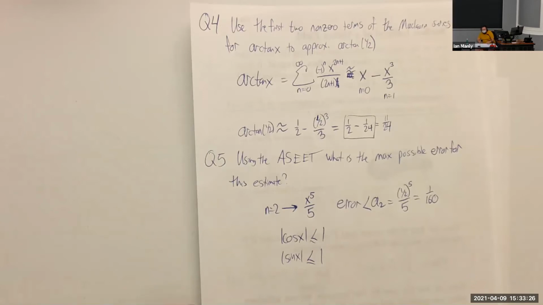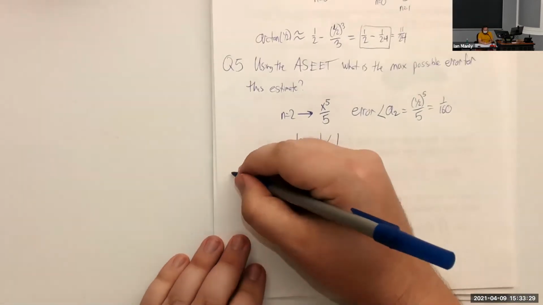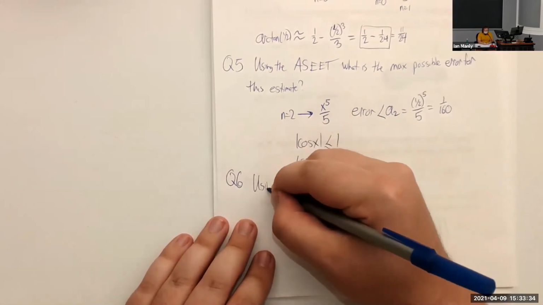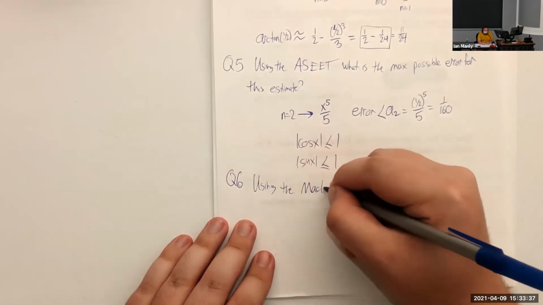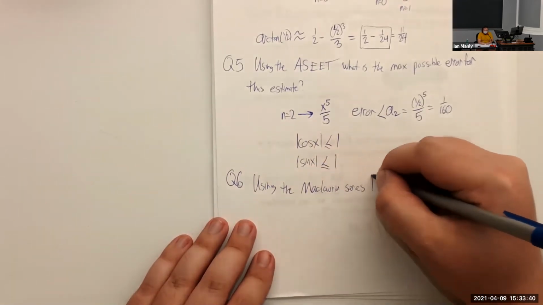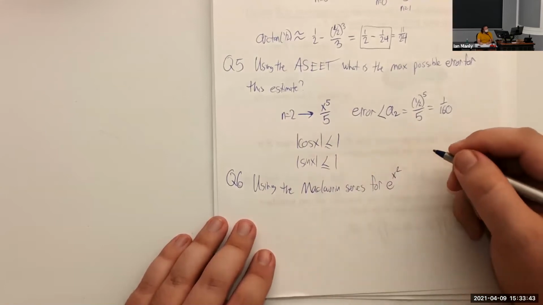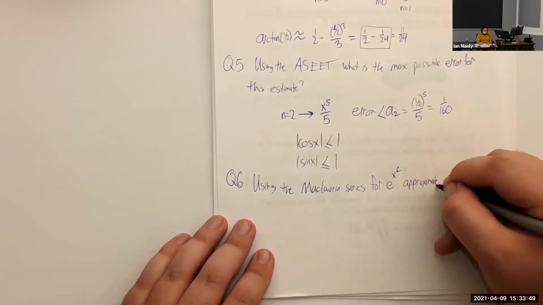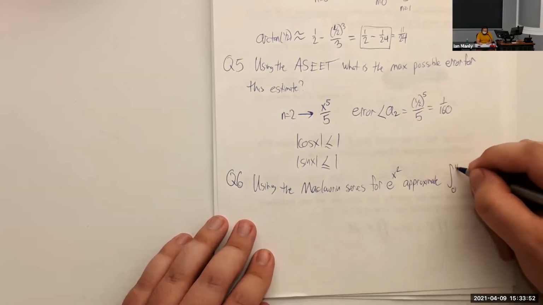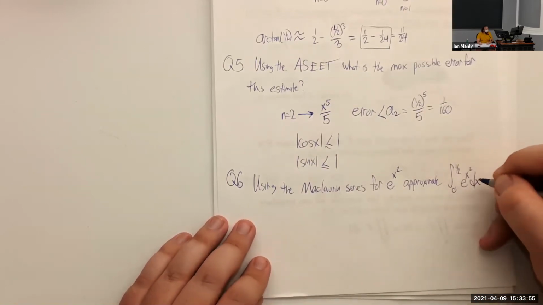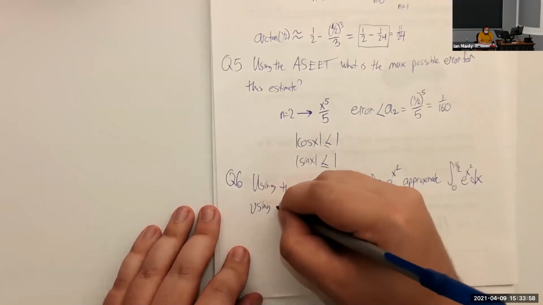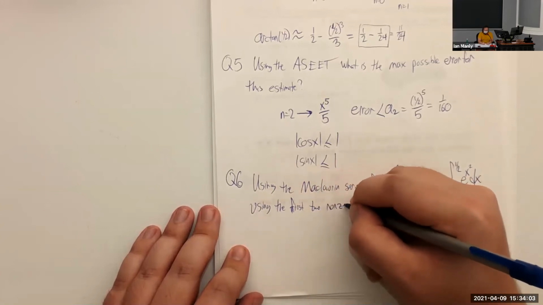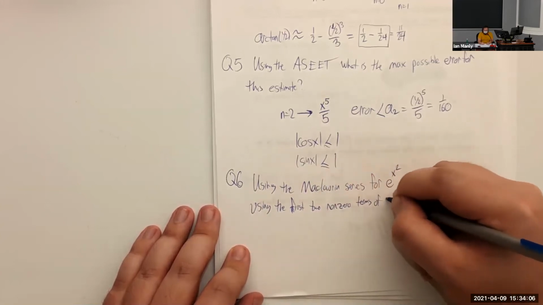So question 6. Using the Maclaurin series for e to the x squared, approximate the integral 0 to 1/2 of e to the x squared using the first 2 non-zero terms of the series.